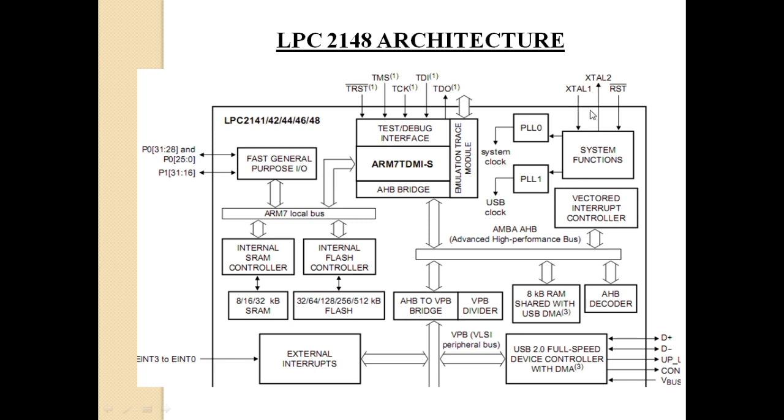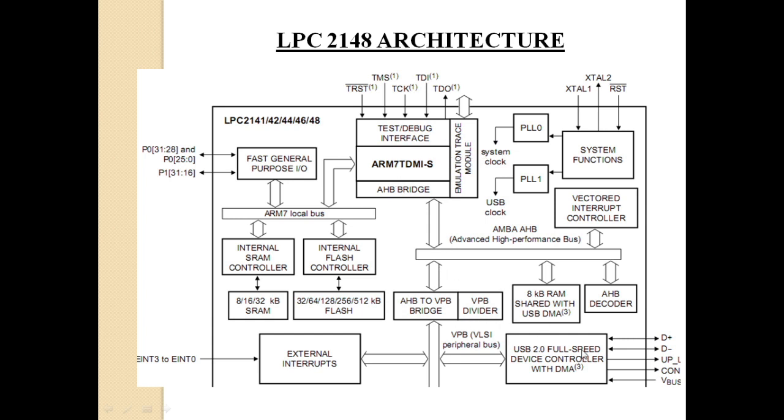So whatever crystal frequency you are getting, you can multiply the clock by using PLL0, and you can connect it to the system clock. System clock is connected to all the peripherals and the processor, right? So whatever crystal frequency you are giving through Xtal1 can be multiplied by PLL0, and the output can be connected to the processor and the peripherals.